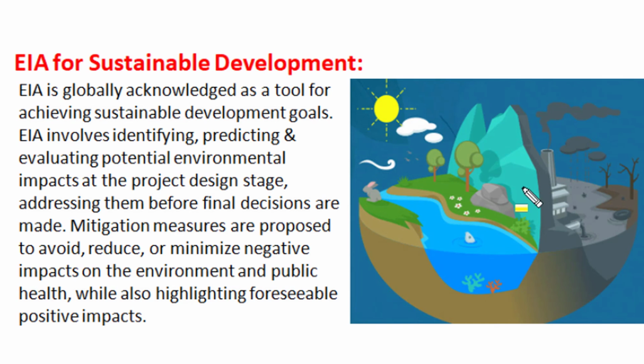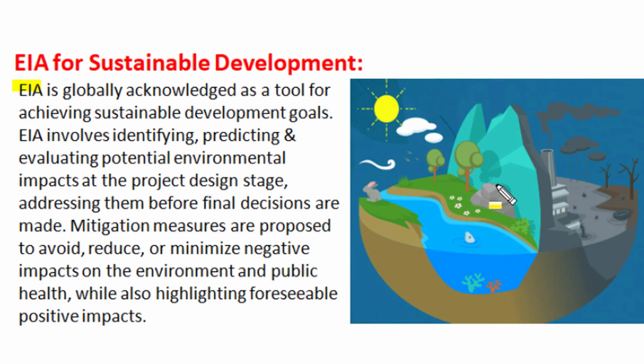Nowadays, to achieve sustainable development goals, EIA, environment impact assessment, has become a well recognized tool. Environment impact analysis involves identification and prediction of all potential environmental impacts at the project design stage or planning stage, and it also addresses those adverse impacts so as to mitigate and reduce their effects before final decisions are made.